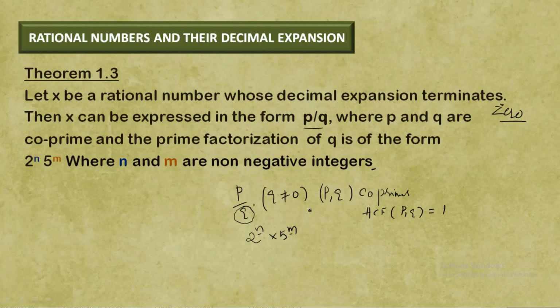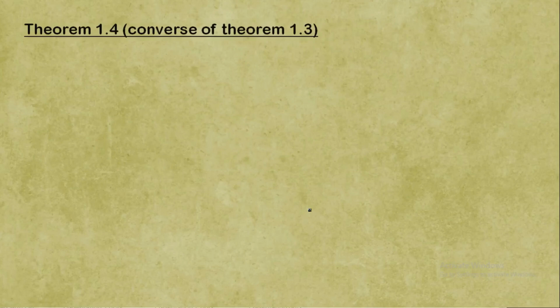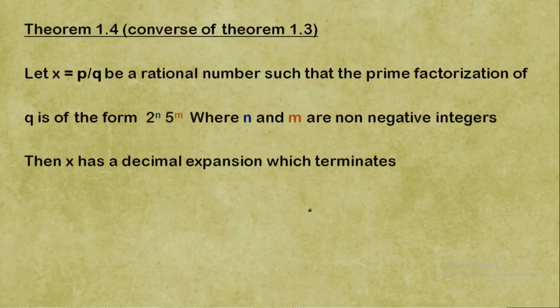Then we'll see about 1.4. Basically it is just the converse of the previous theorem 1.3. We'll see the definition. Let x is equal to p by q be a rational number such that the prime factorization of q is in the form of 2 power n into 5 power m, where n and m are non-negative integers. Then x has a decimal expansion which terminates. You remember this one?